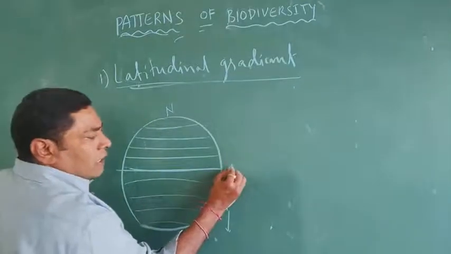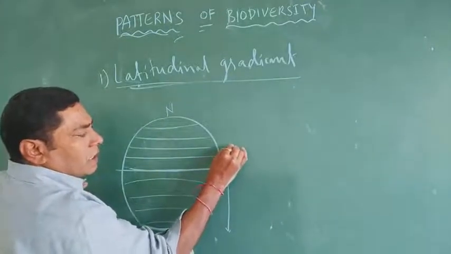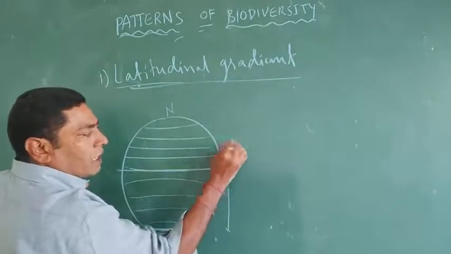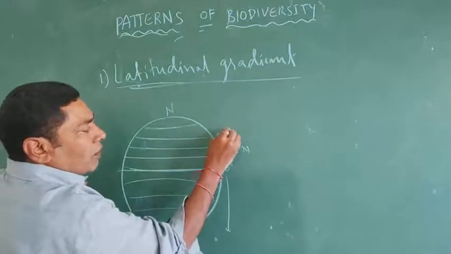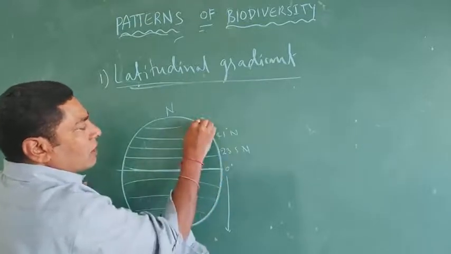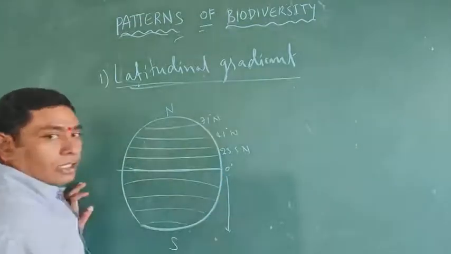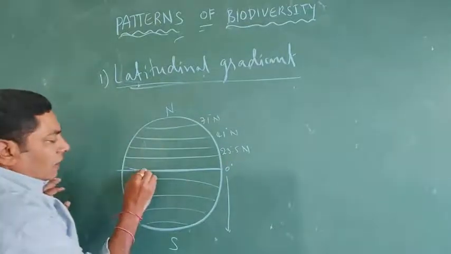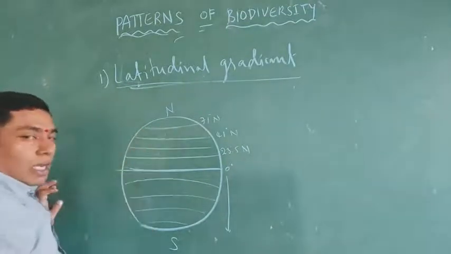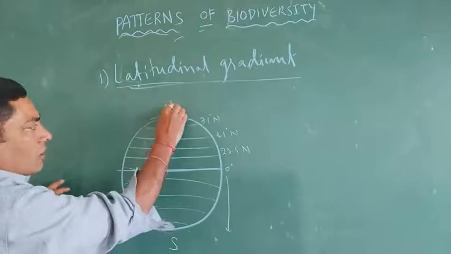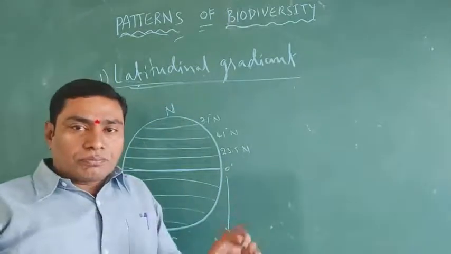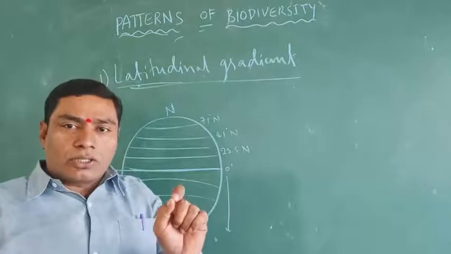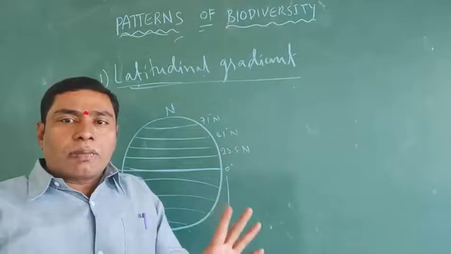For example, here is 0 degrees, here 33.5 degrees northern latitude, 41 degrees northern latitude, 71 degrees northern latitude. When the latitude increases, the temperature decreases.